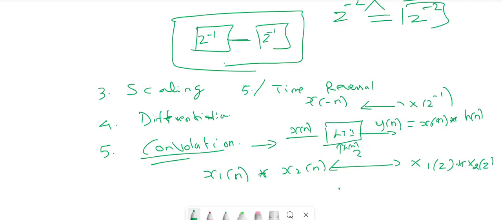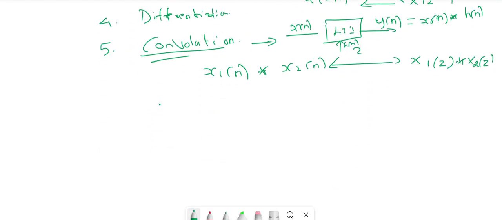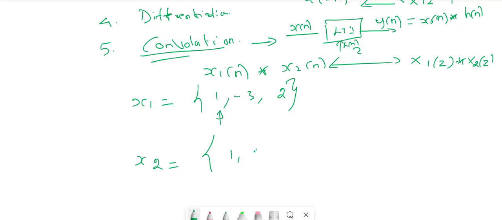So for example, find the convolution if x1 of n is 1 comma minus 3 comma 2, and x2 of n is 1 comma 2 comma 1.